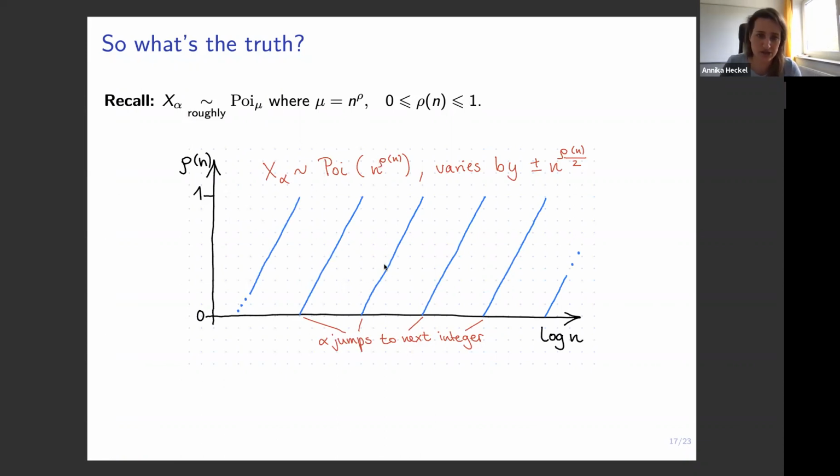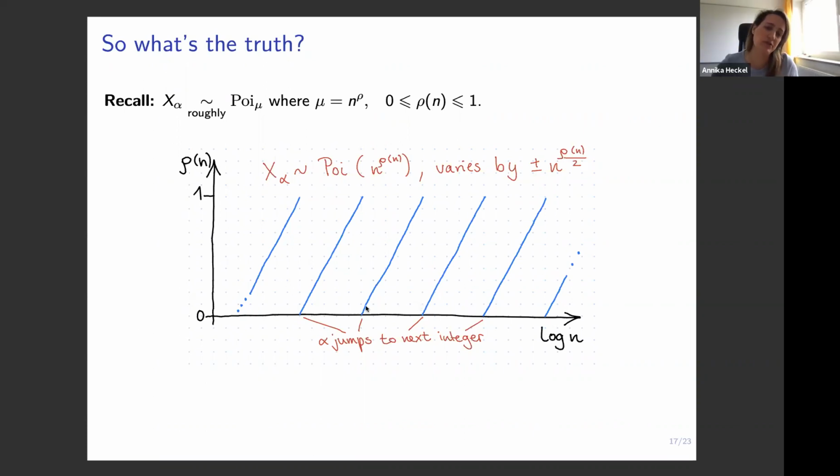So let's look at one of these lines. Here you start out with about, say, 1 alpha set, and then as you increase n, the expected number of alpha sets increases more and more until you're close to n alpha sets. And then at this point, alpha plus 1 sets start appearing. So here alpha changes to the next integer, and we start out with about 1 alpha set again.